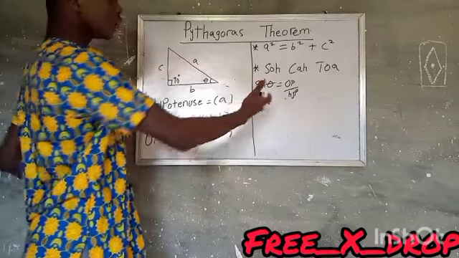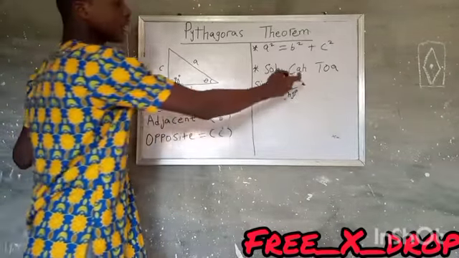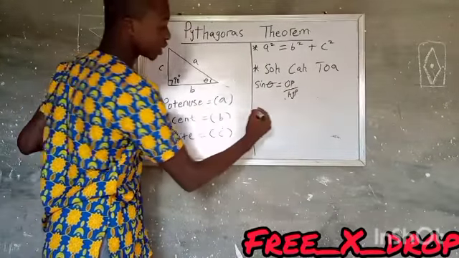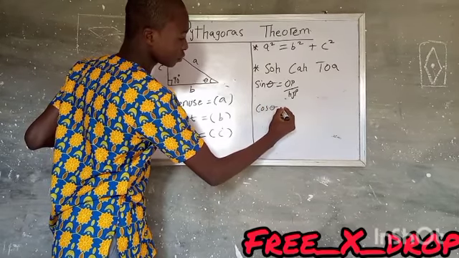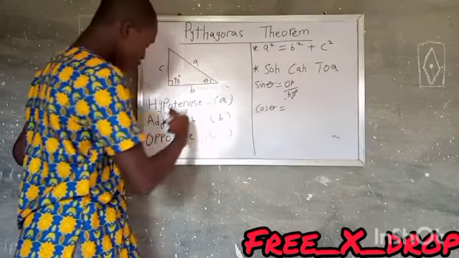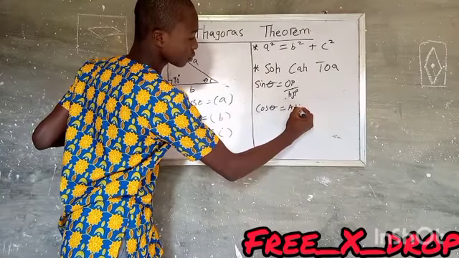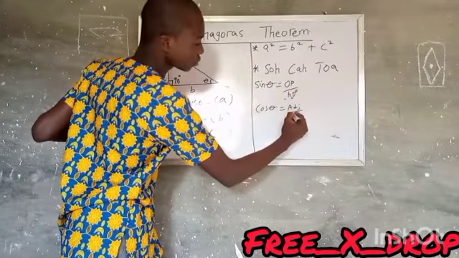Are you seeing it? So the O means your opposite and the H means your hypotenuse. Now for the second one, the C means cos theta. And the A means your adjacent over the H means your hypotenuse.